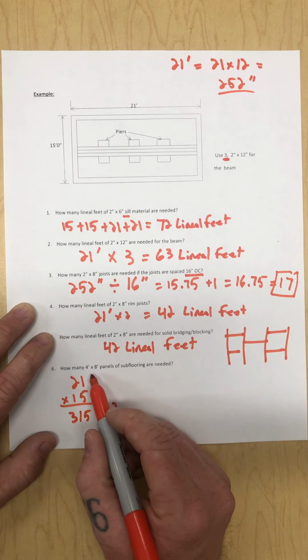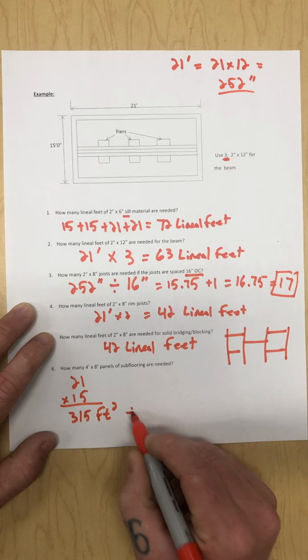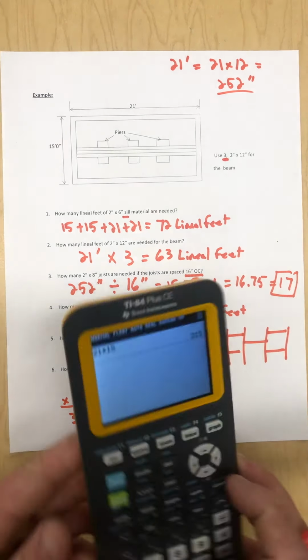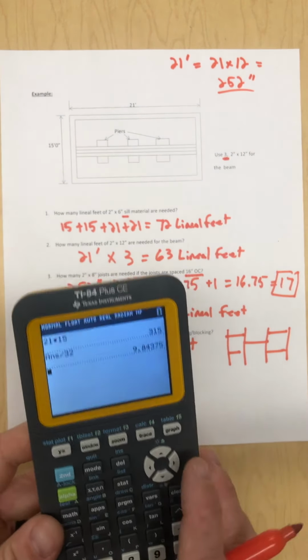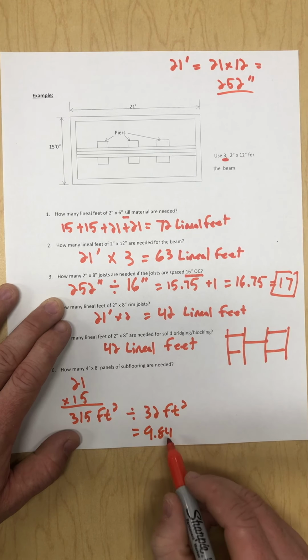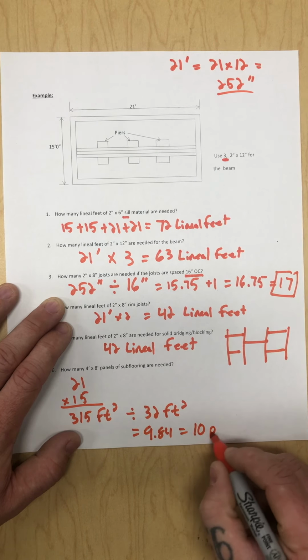And then a 4x8 panel is 32 feet squared, so we're going to divide those two. All right, so 315 divided by 32. That's going to be 9.84 sheets. But as you know, we can't order 9.84 of a sheet, so we have to get 10 panels or 10 sheets.